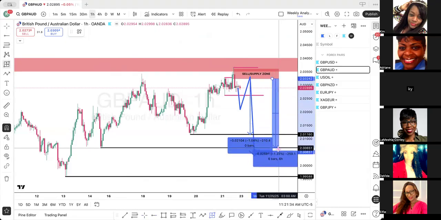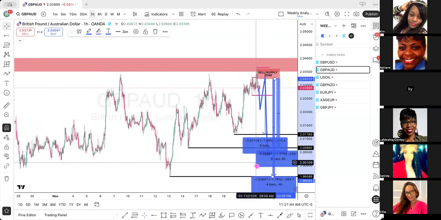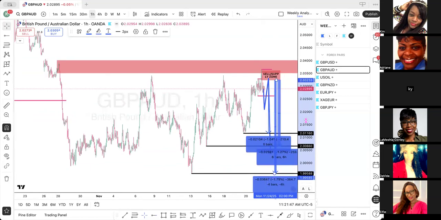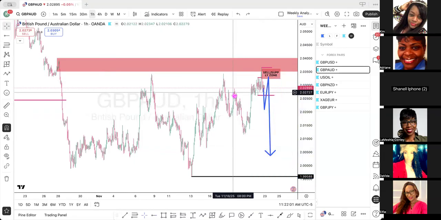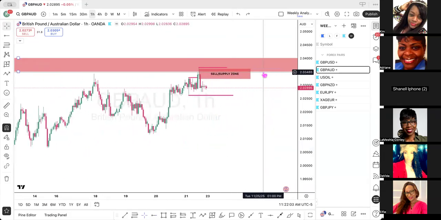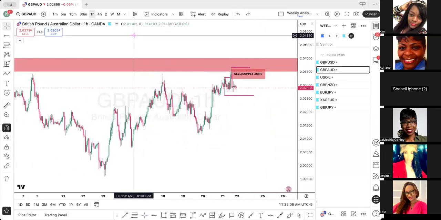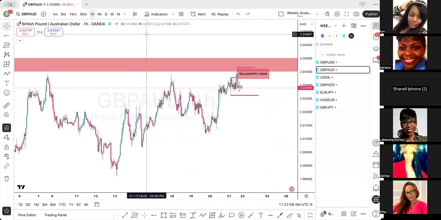From here to here, you're talking about 259 pips. From here to here, 364 pips. So yeah, you would need to see the shift in structure before I would take a sell on this. Any questions on GA?